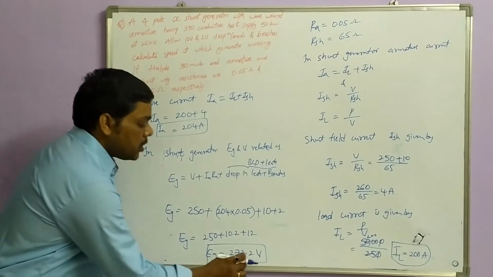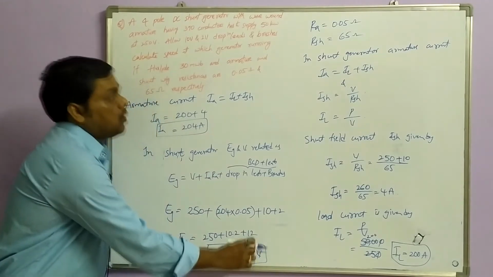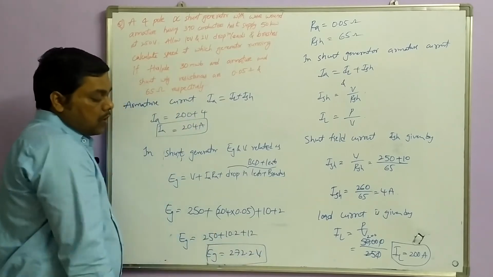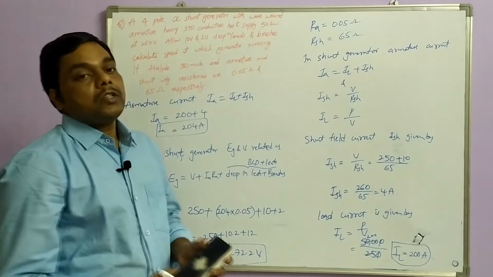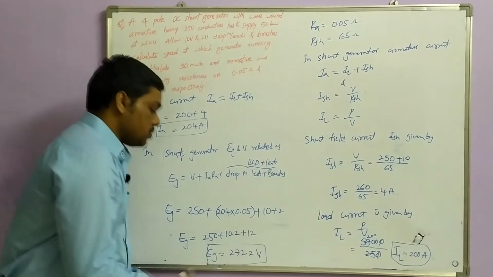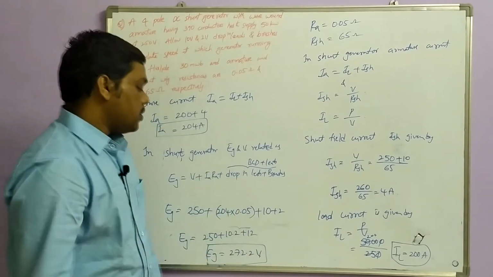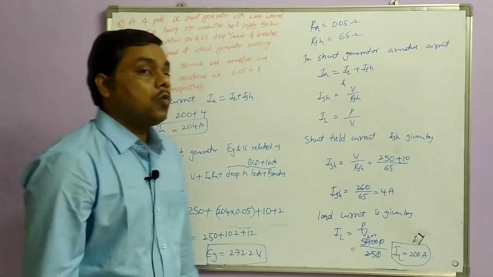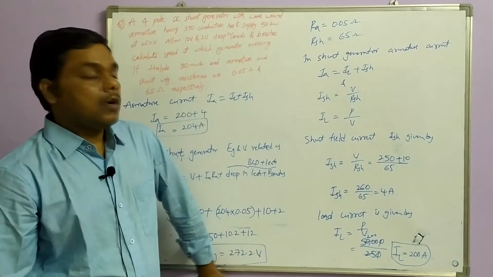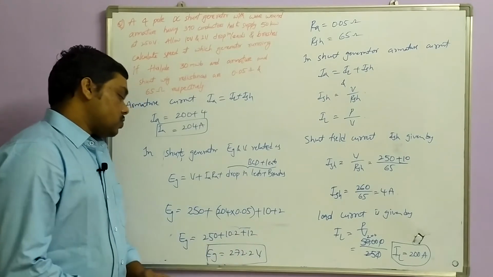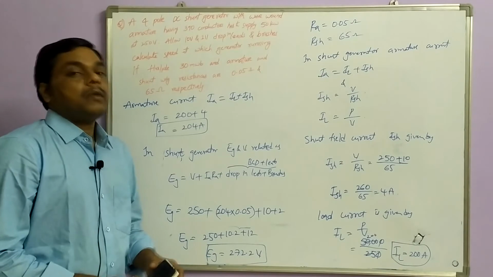So 272 volts and load voltage is 250 volts. That means the drop in the generator is 22.2 volts. So 10.2 plus 12, it is going to be 22.2 volts that is going to drop in this shunt generator. So this should be kept in mind.